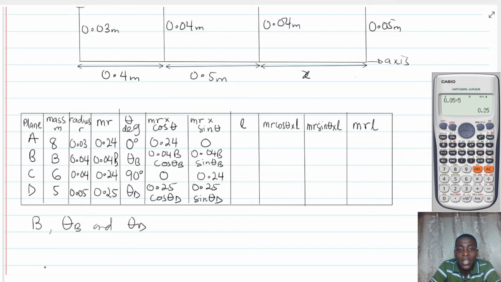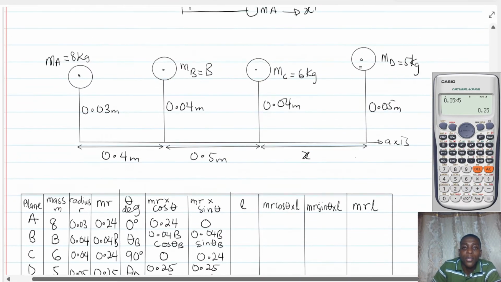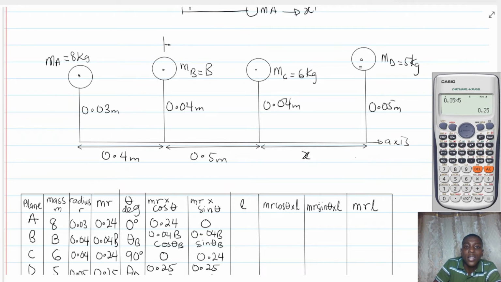Comparing B and D, B has several unknowns: B and theta B. Therefore, it will be best if I take the reference plane at B so that it eliminates B and theta B. In other words, B should be our reference plane.